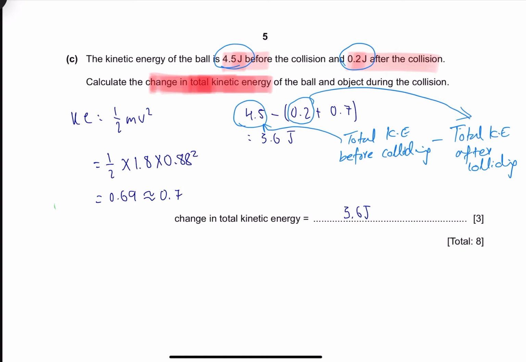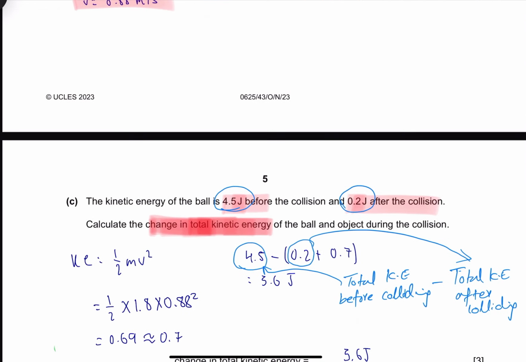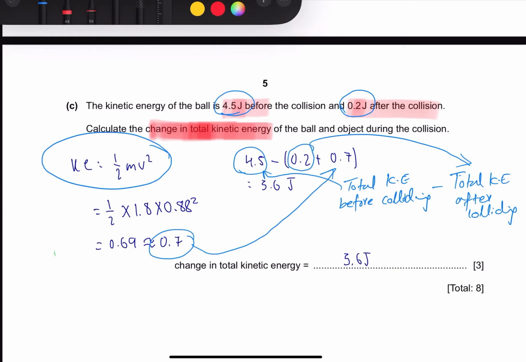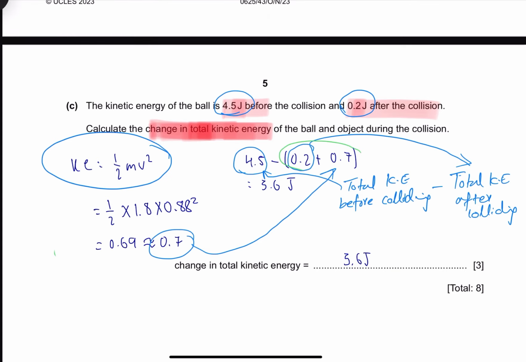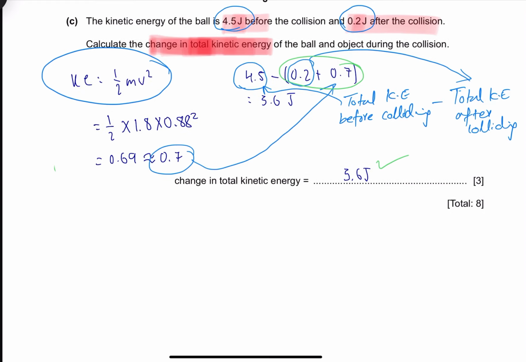And for the second object, we have found the velocity here. By using that velocity, we have calculated its kinetic energy. That was the answer that we have to put here. So this total will give you the final kinetic energy. So subtracting both of them, you get the change in kinetic energy before and after.